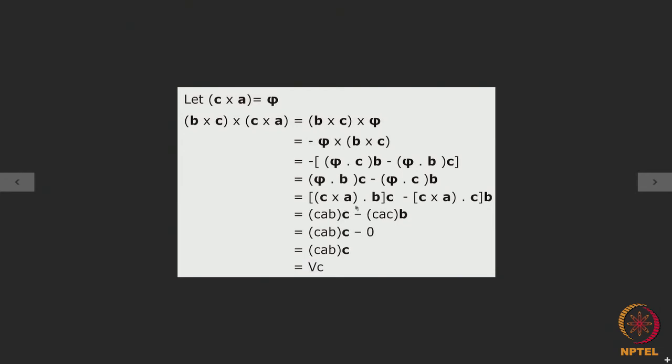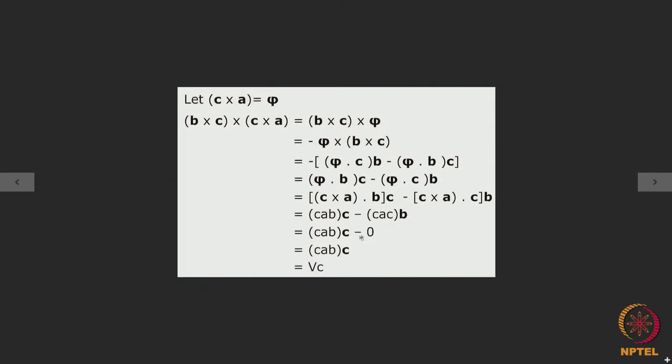So, it will be C cross A dot B C minus C cross A dot C B. So, this will be equal to the box product C A B C minus the box product C A C B.